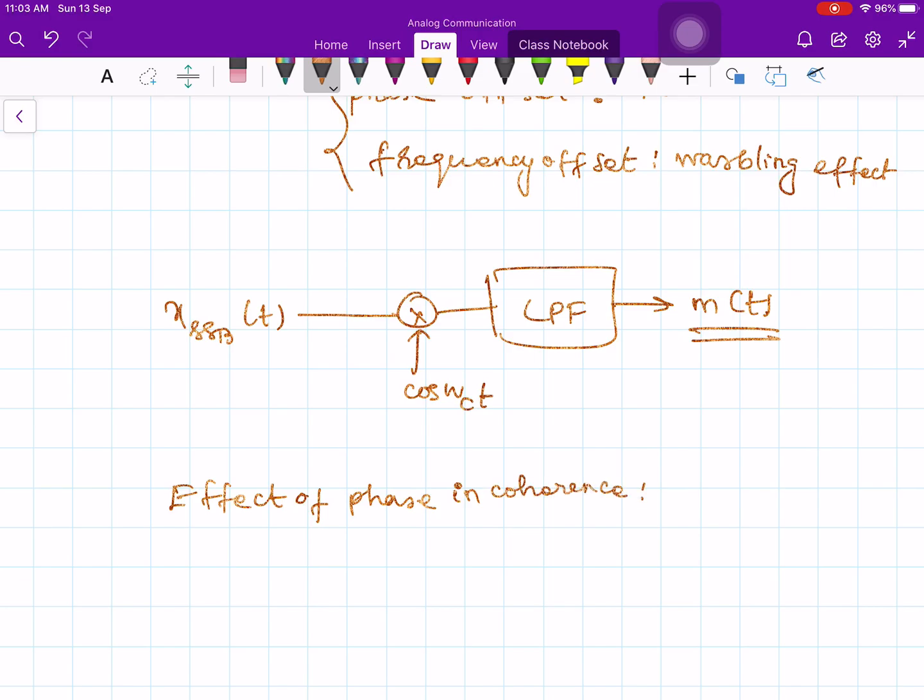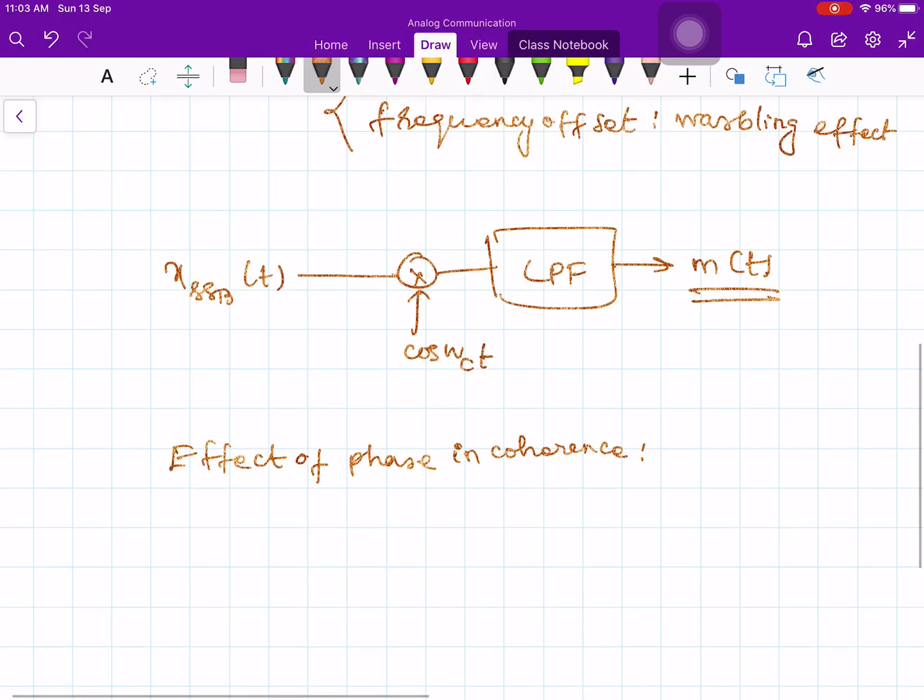To do that, we have a mathematical representation of the SSB signal. If you recall, we discussed in the last lecture (A_c/2) m(t) cos 2πf_ct plus (A_c/2) m-hat(t) sin 2πf_ct. Let us assume A_c is equal to 1 for simplicity, or you can keep it, no issues. After all, it is a constant, right?